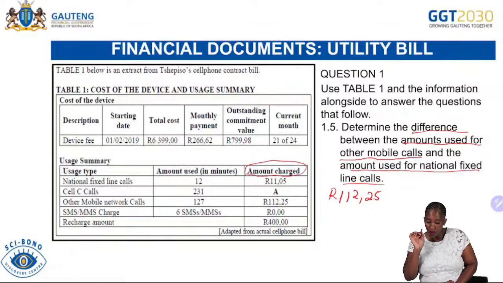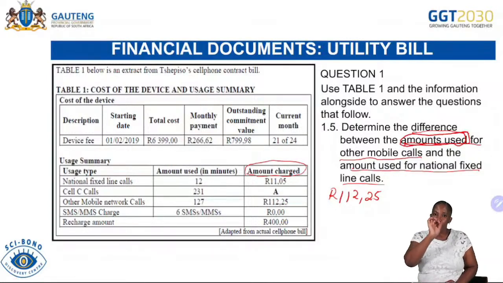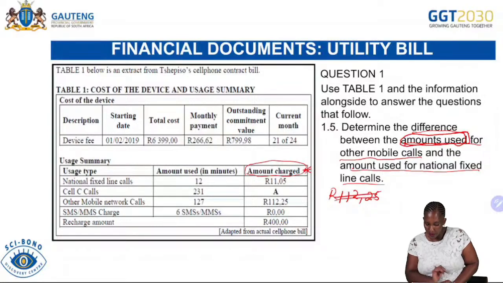And then according to the question says amounts used. So that means I made a mistake. I did not read the question thoroughly. This is what you need to avoid as well. You must look at the information that is required. Now, they are not talking about the amount charged. So it means this one, it falls off.